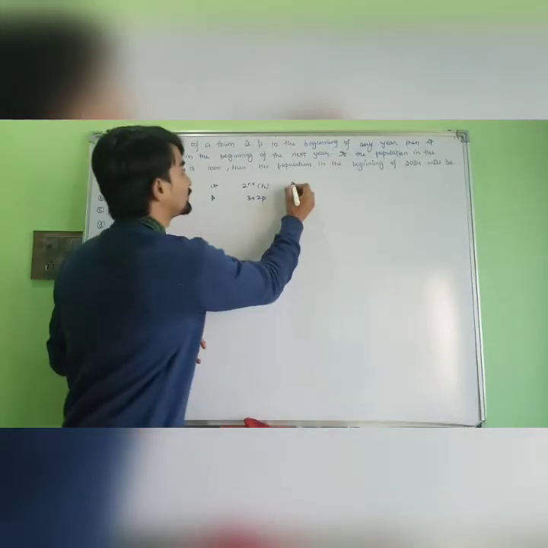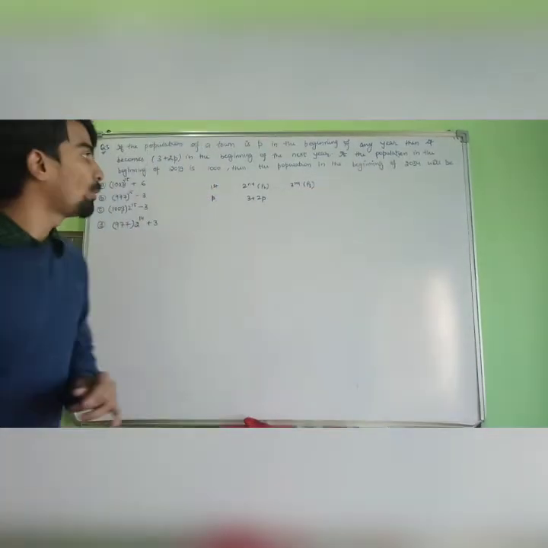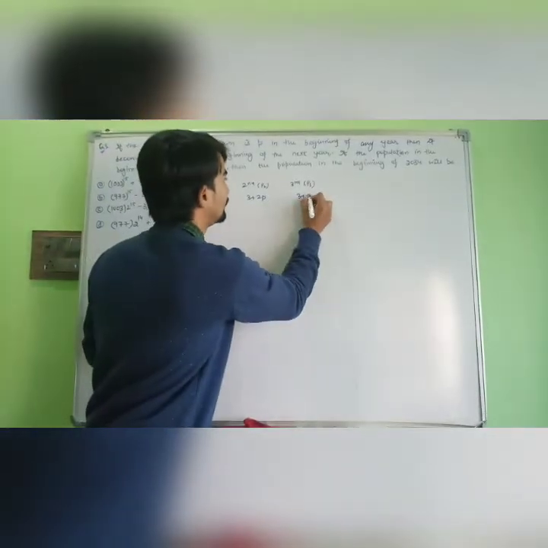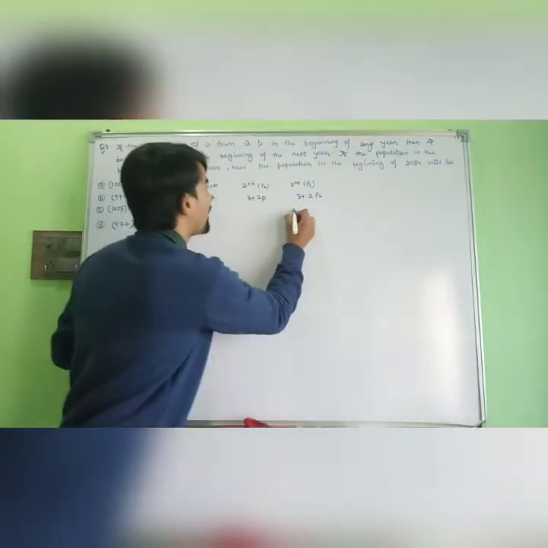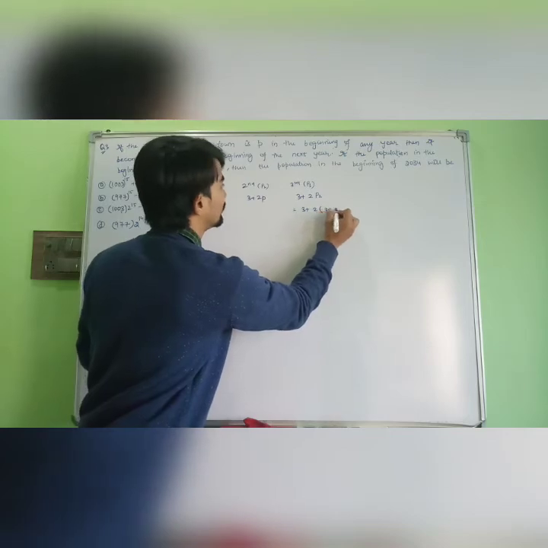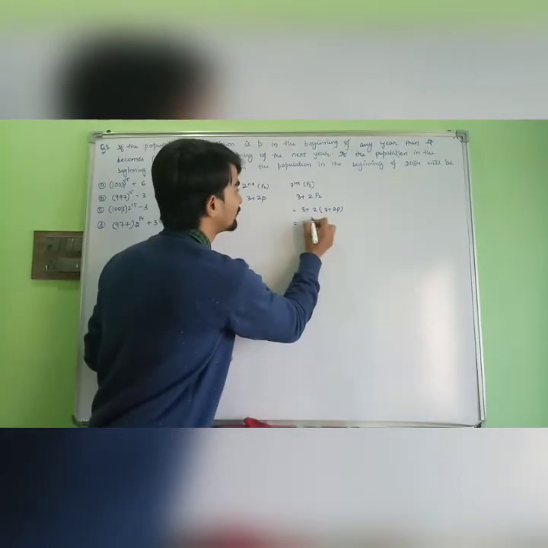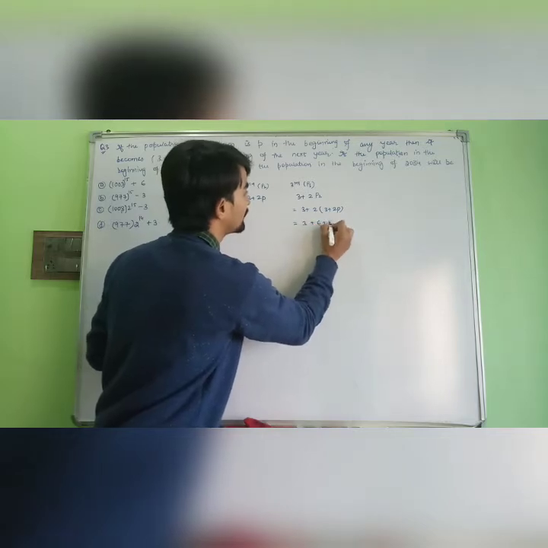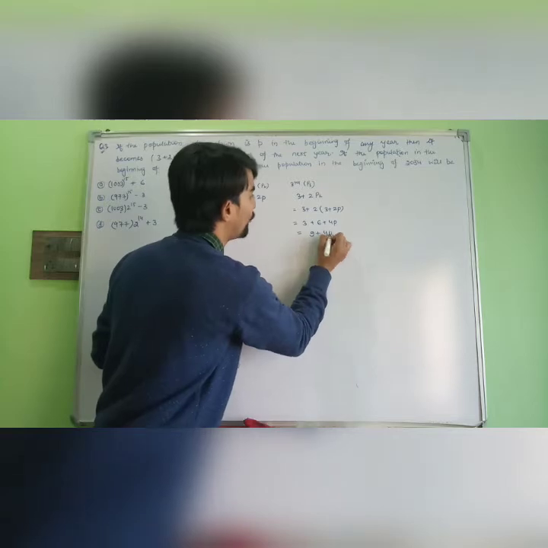Now in the beginning of the third year, say P3, the population will be 3 plus 2 P2. After putting the value of P2, 3 plus 2 into (3 plus 2P), on solving this we will get 3 plus 6 plus 4P, or we can say 9 plus 4P.